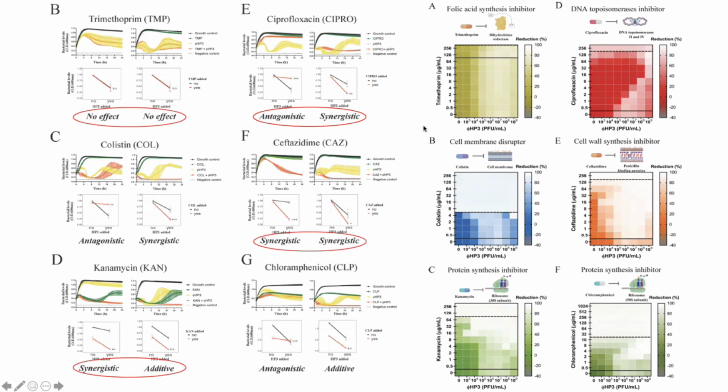And so in terms of mechanisms of action with folic acid synthesis inhibitors such as trimethoprim, you can see that the interacting zone, which is the zone between the dash and the solid line, is very small.